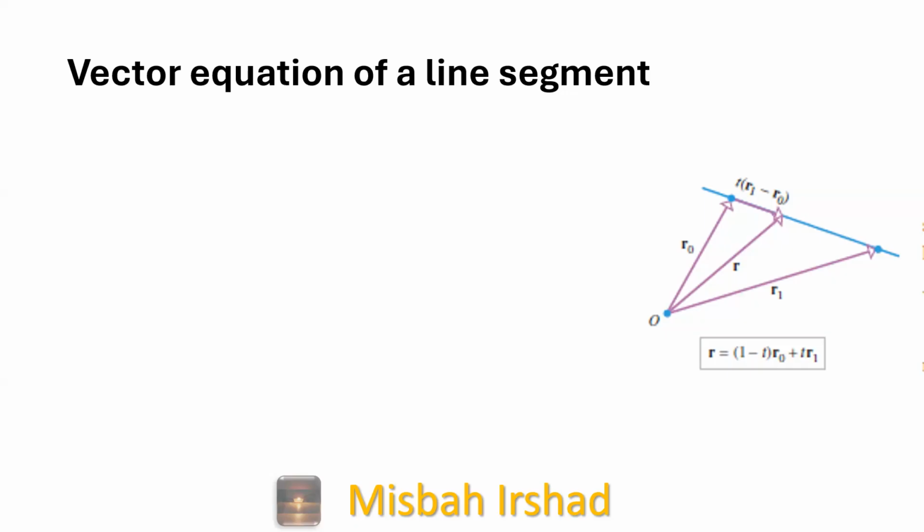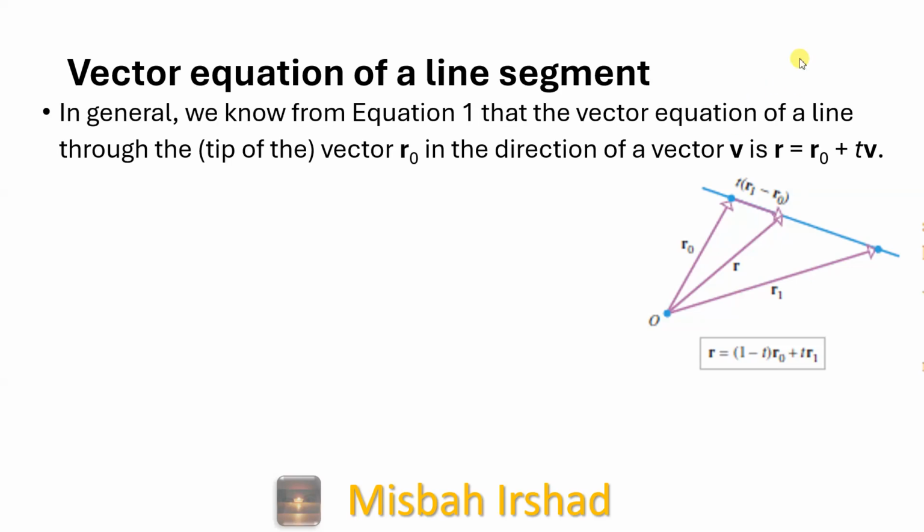Vector equation of a line segment. We are already familiar with the vector equation of a line. That was r is equal to r0 plus t v, where r0 is the position vector of a fixed point on the line and v is the vector parallel to the line.